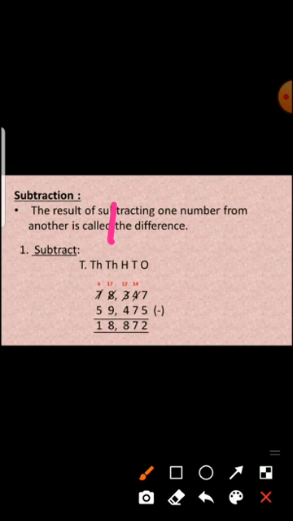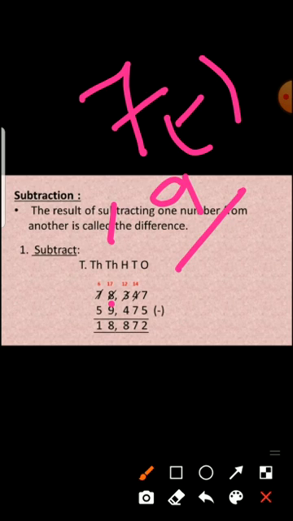Now take the thousands place. In that place we already had 8, but we borrowed 1 to the hundreds place, so now we have 7. So 7 minus 9. We cannot subtract 9 from 7, so we borrow 1 from the ten thousands place, and the 7 becomes 17.